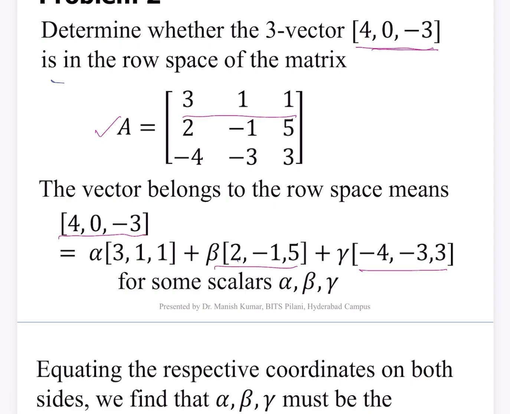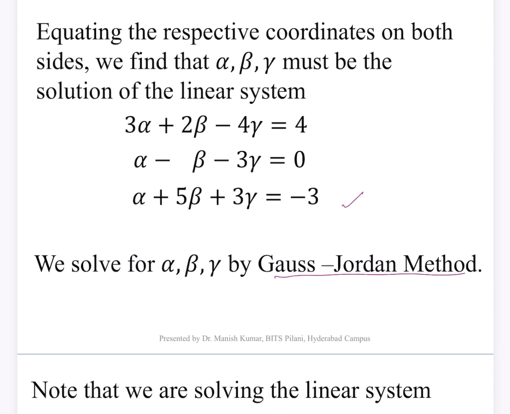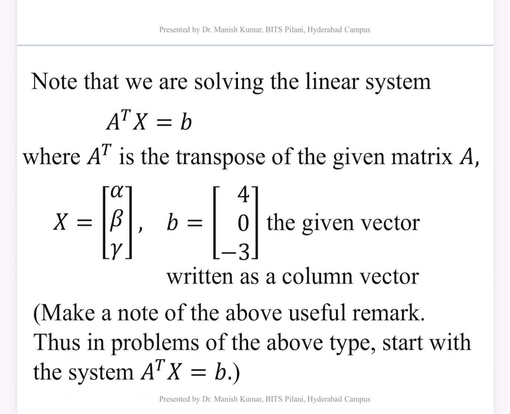Now again use the same vector addition, scalar multiplication, and equality of two vectors. Then you will produce a system, right? And then use the same Gauss-Jordan method as before to find the solution for alpha, beta, gamma. If a solution exists, then your vector is in the row space. If not, then this vector does not belong to the row space. Okay, so now we have to solve the system.